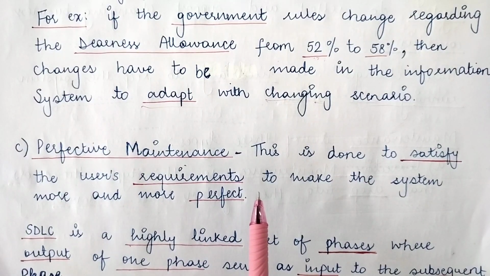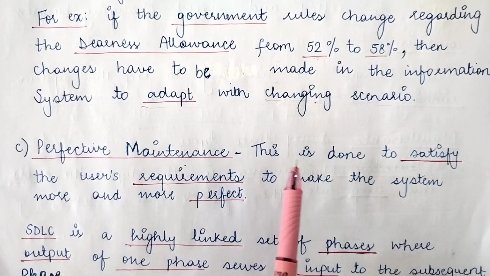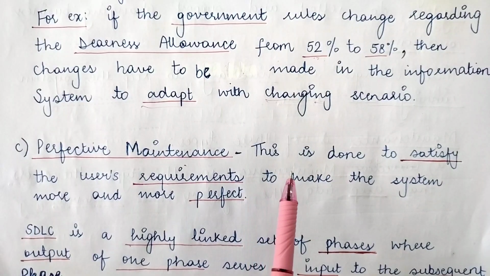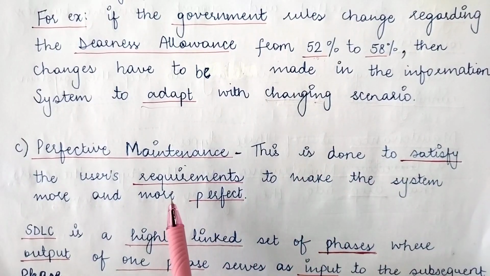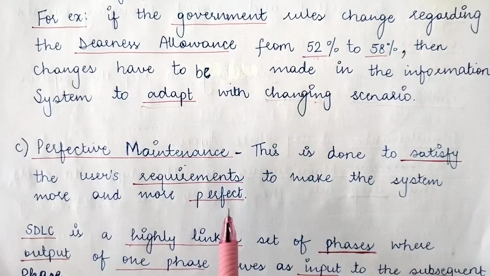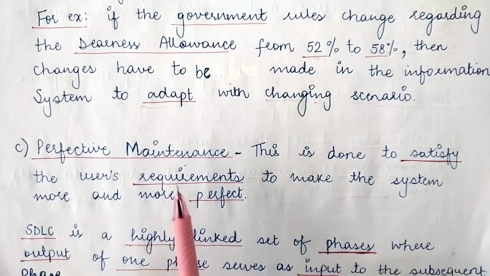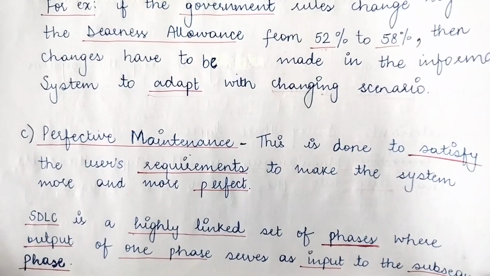So they are longing for perfection. Such a maintenance wherein you make changes to the information system to satisfy the user requirements and make the system more perfect is called perfective maintenance.